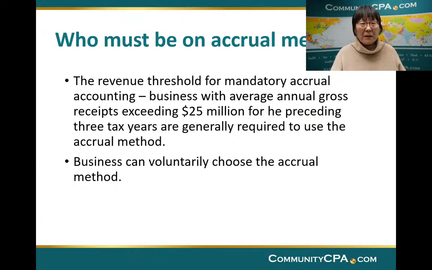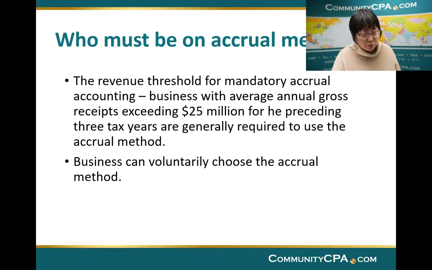That's a cash method. But when you have so much revenue, you would have to use accrual accounting. So that definition is: any business with average annual gross receipts exceeding 25 million for the preceding 3 tax years is generally required to use accrual method.